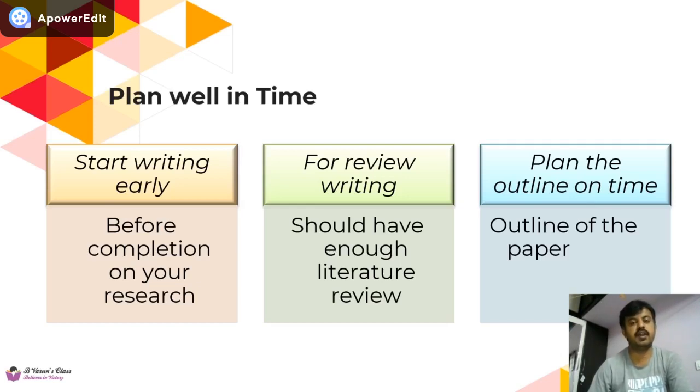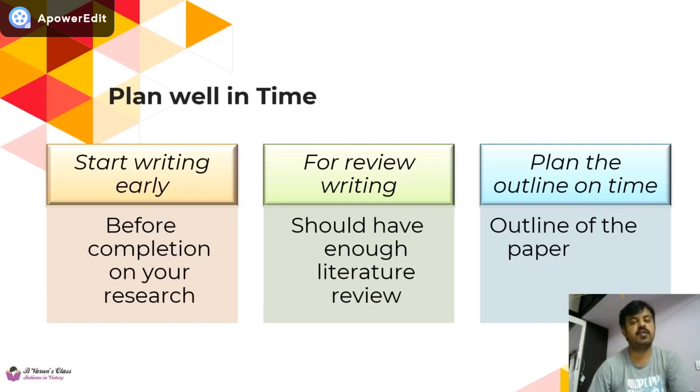Second one, review writing. Whenever we are doing research, review writing is very important. To do the review writing, we should go through a number of literature surveys. The more we read, the easier it is for us to understand the research gap and proceed with the inventions. Third point, plan the outline on time.